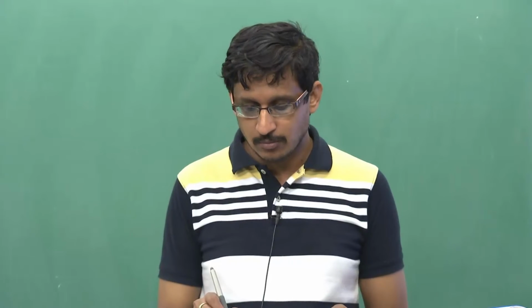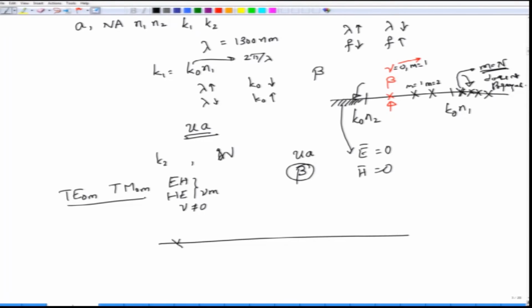By lowest order mode what we mean is that you start with k0n2 and k0n1 as the range of the values of beta for which the mode can propagate. The lowest order one is the one which, as soon as you start increasing, will be the one which has the largest value of k0n1. Okay.